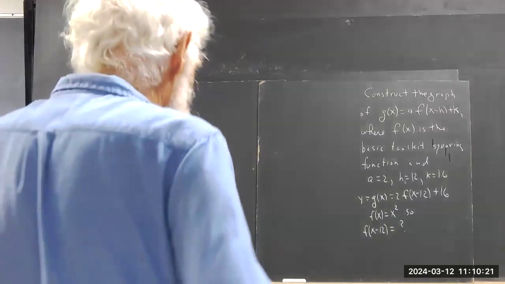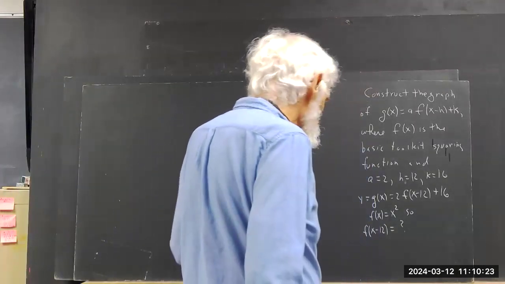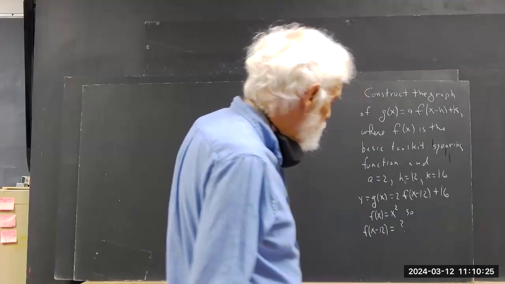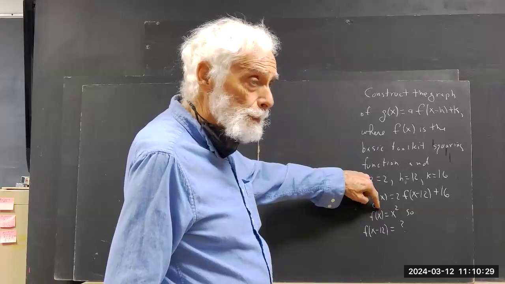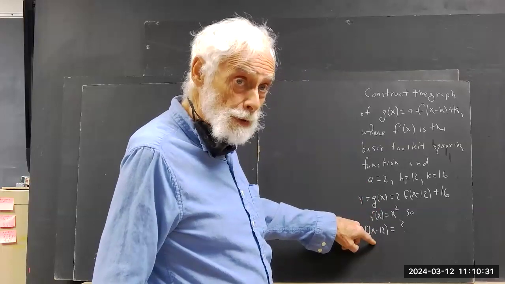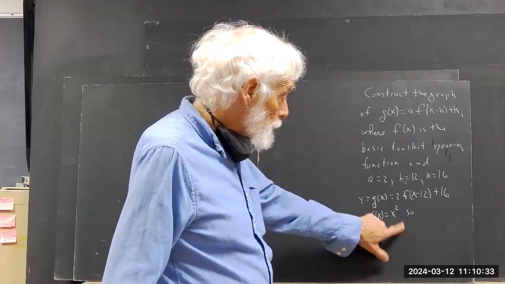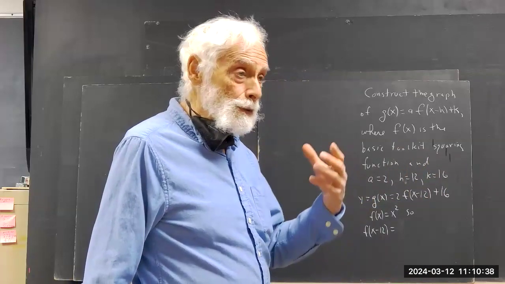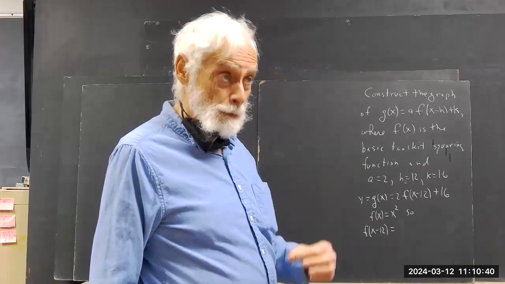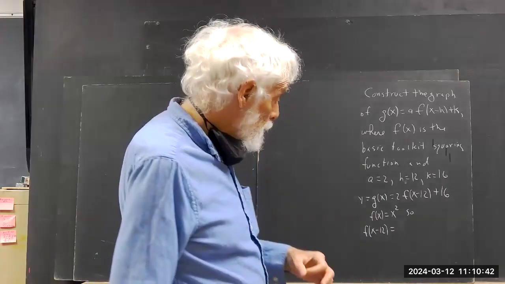Okay, now nobody is getting this apparently. This expression is the same as this, except x has been replaced by x minus 12. I've explained this numerous times. Okay, so you really need to focus on it now. It's a simple idea.